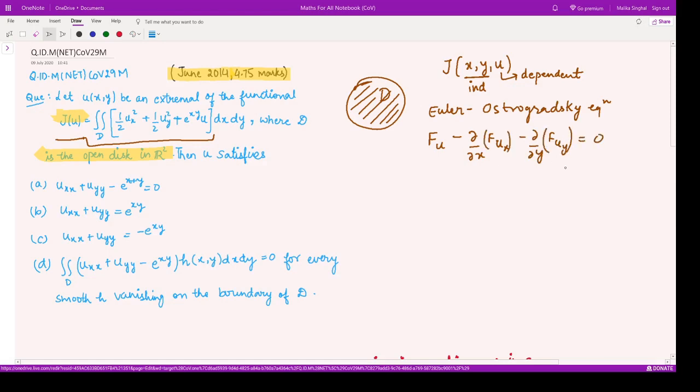That is, in this case you just have this extra term in comparison to the previous form of the Euler equation, right? So let us just solve it.